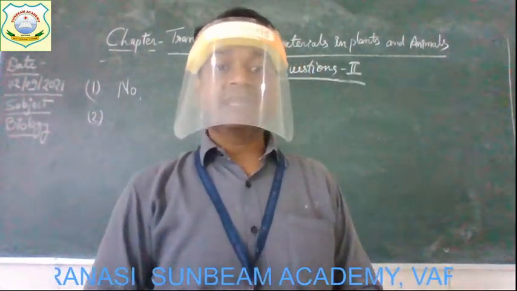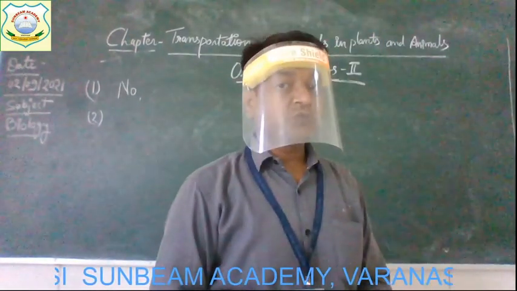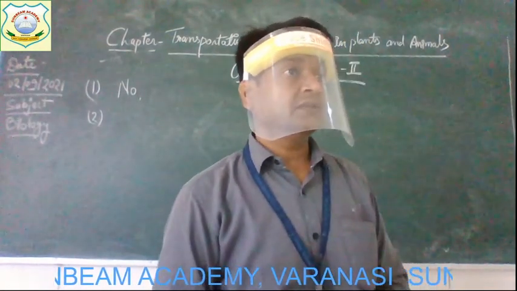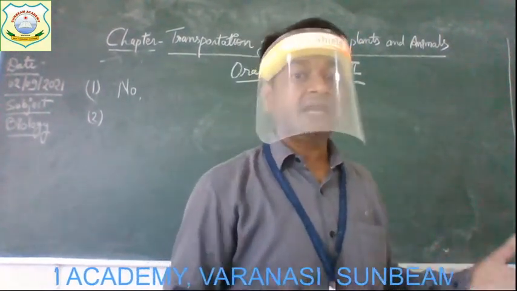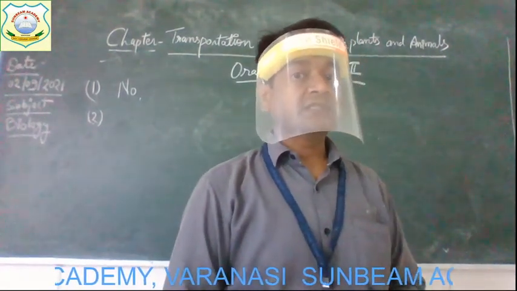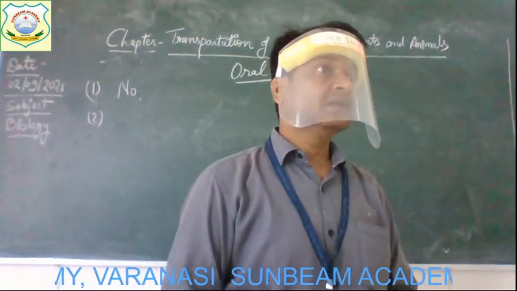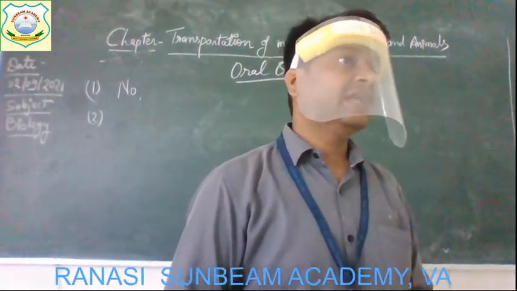There are several kinds of cells in human blood. Which one is responsible for transport of oxygen? Listen and give the answer carefully. We have several kinds of cells: RBC, that is red blood cells, white blood cells, platelets and all.